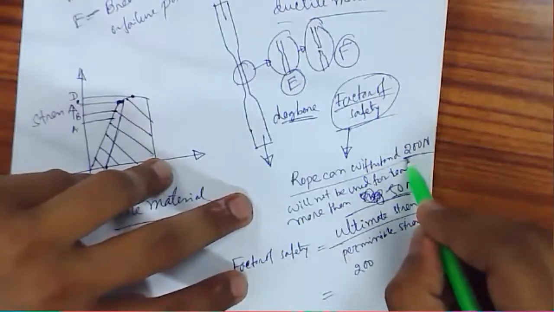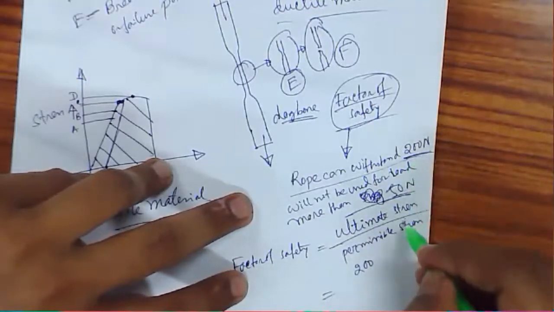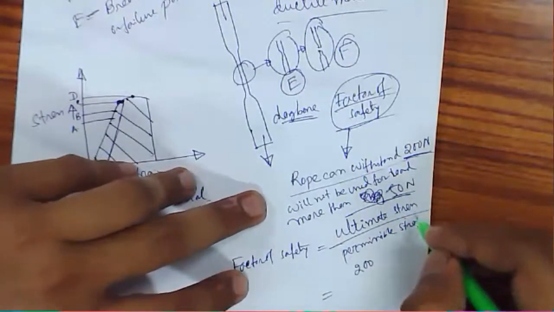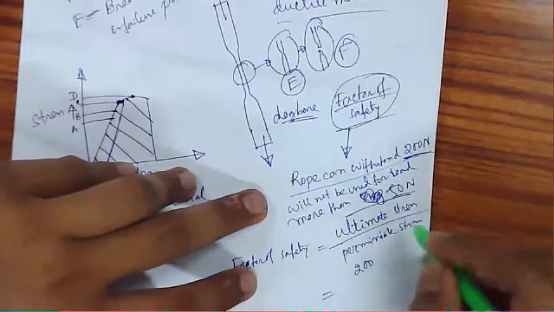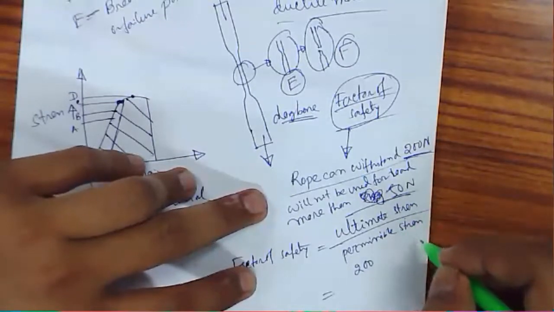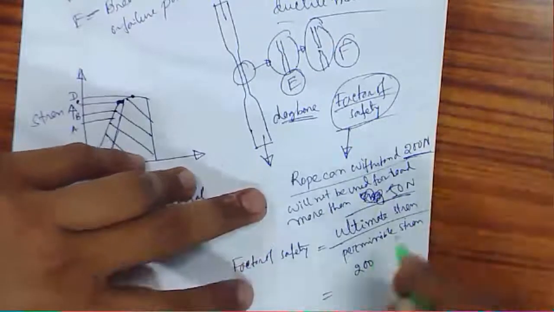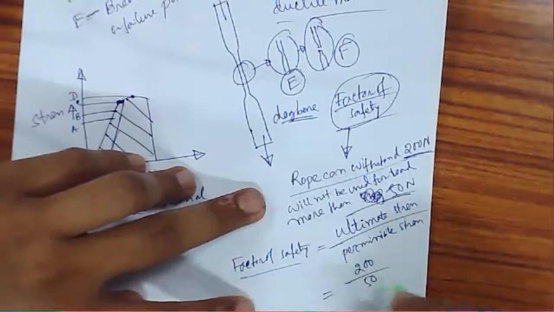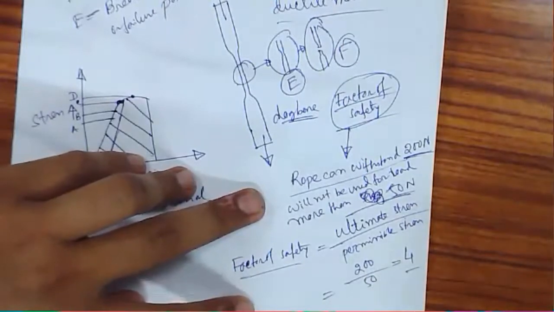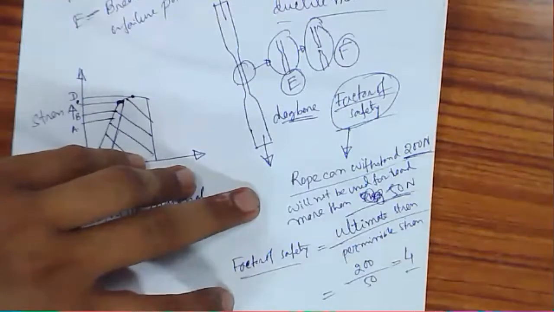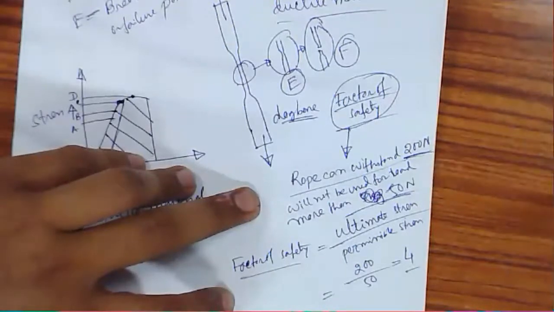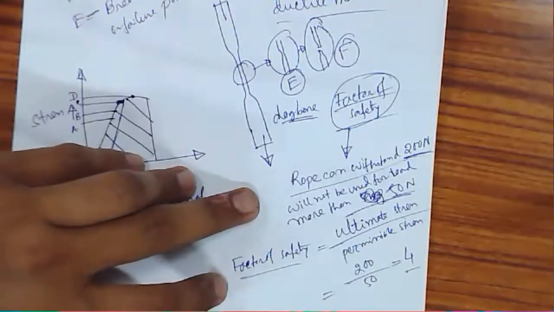As we have used load here, we use maximum capacity, ultimate capacity and permissible capacity. I have just written it this way because whether stress or load is calculated, the ratio will be the same. So the factor of safety will be 200 by 50, which is equal to 4. So we are using a factor of safety of 4. That means we are using it at 1/4 of its maximum capacity. That is called factor of safety. Is the concept clear to you?